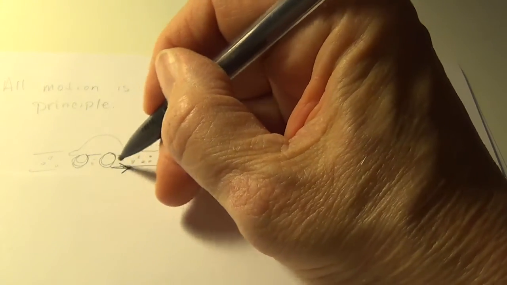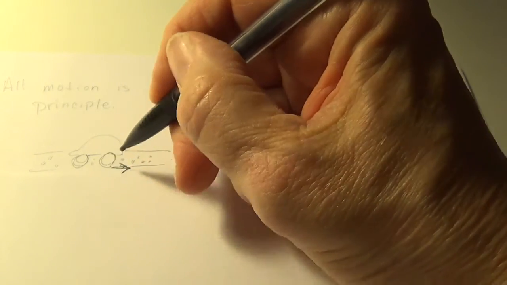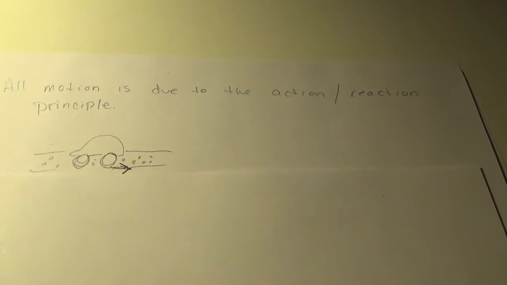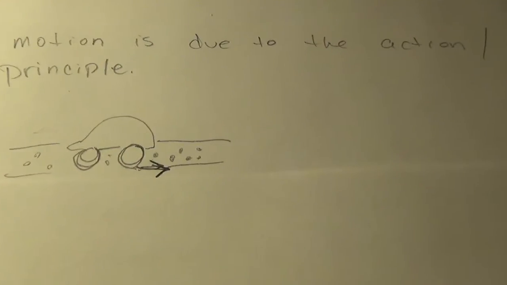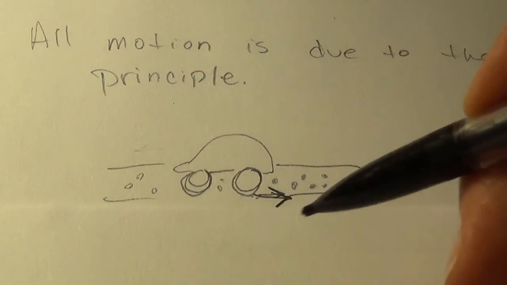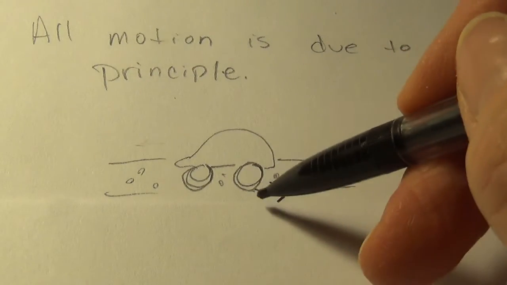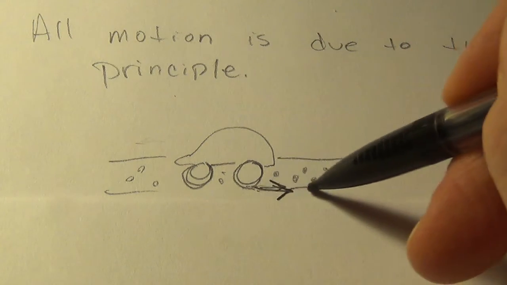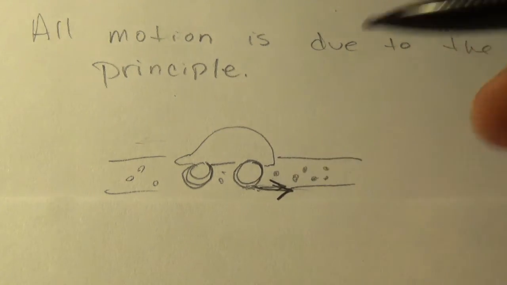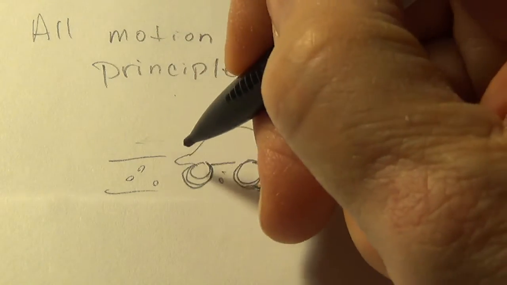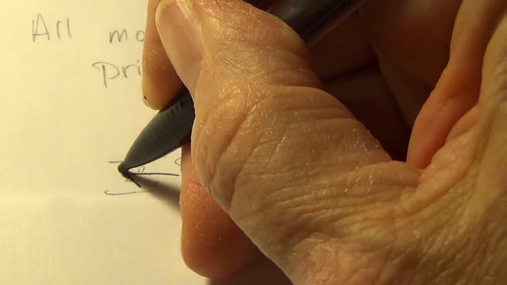As the tires turn around, they're grabbing the gravel and spinning it backwards. So that is the action. So the tires grabbing and thrusting the gravel and minuscule pieces of the road backwards. What's the reaction? The car moves forward.